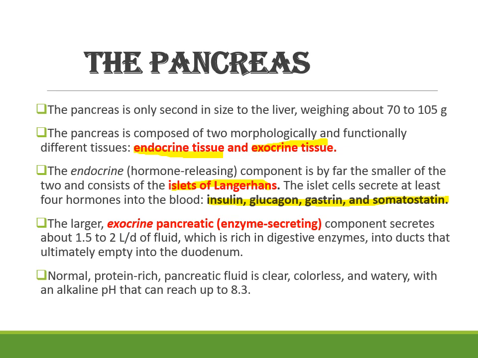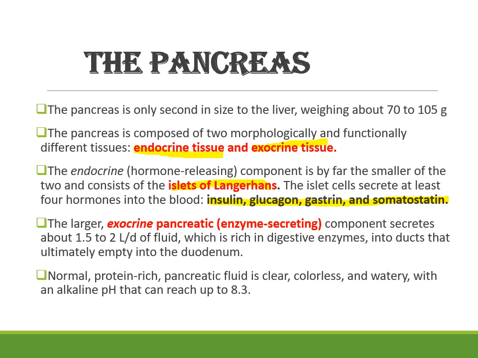What the insulin does is that the hormone insulin facilitates the penetration of glucose from the blood circulation to the different cells of the body, leading to the decrease of blood glucose in the circulation.